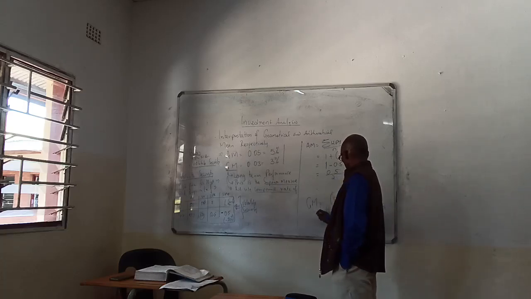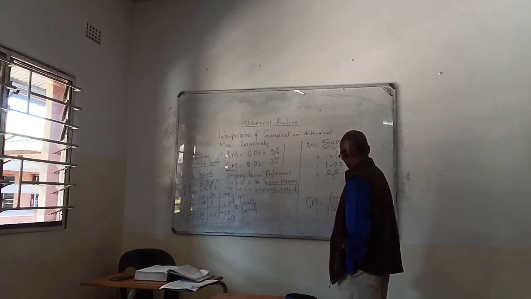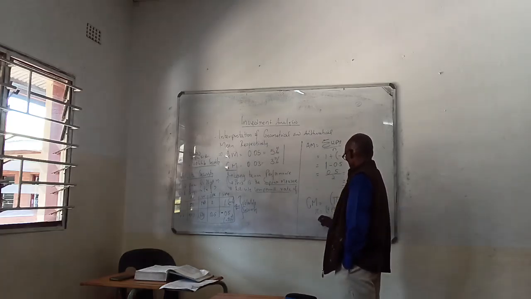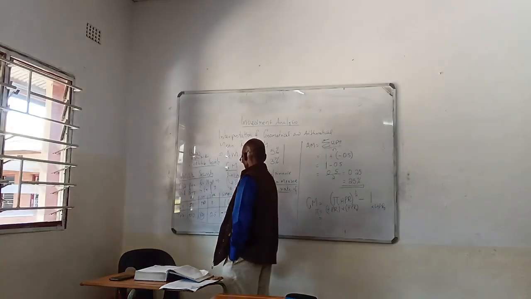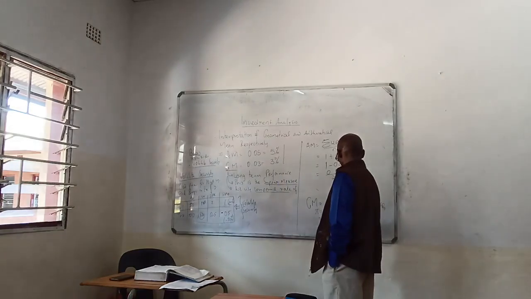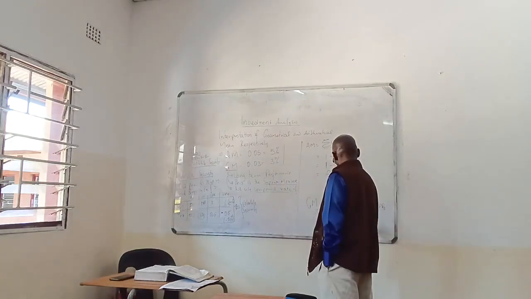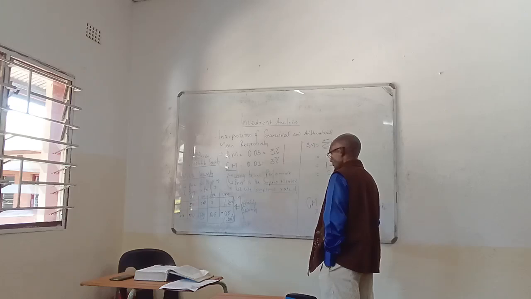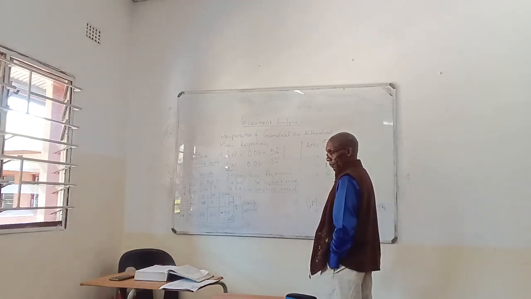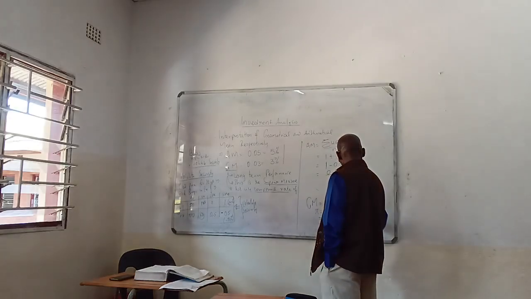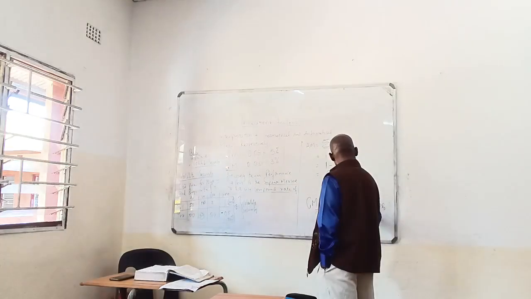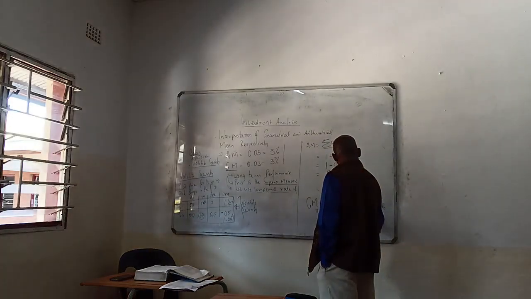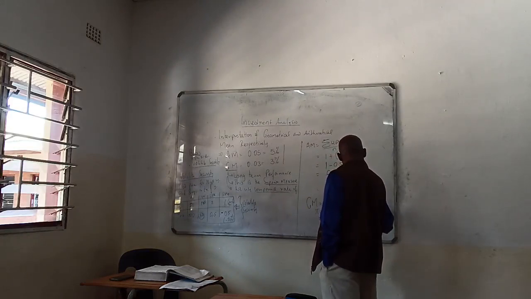We are defining this. So you multiply HPR1, which is this one, by this one. So it is 2 times 0.5, and the answer is 1. And this 1 to the power 1 over 2 is the same as the square root of 1.